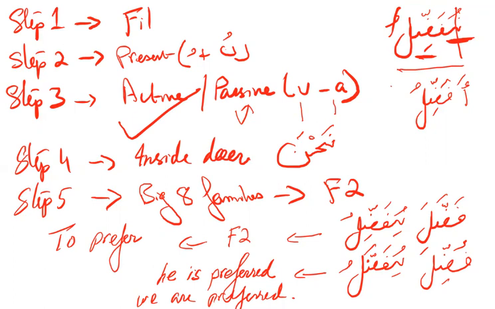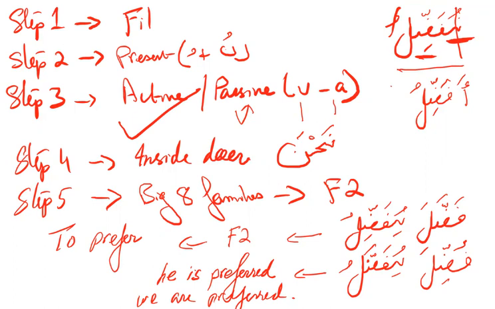For ana, being would be with kana. So nufaddilu is we prefer, and nufaddalu is we are preferred. What is the word in the exercise?